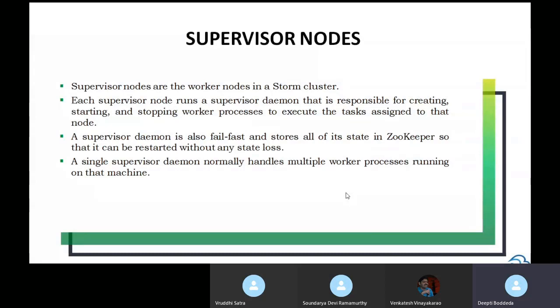Whatever tasks are assigned to the node, they are responsible for seeing to it that it works. In the same way, the supervisor daemon is also fail fast. It stores all the data in ZOOKEEPER so that it can be restarted without any state loss. The supervisor daemon normally handles multiple worker processes running on that machine.